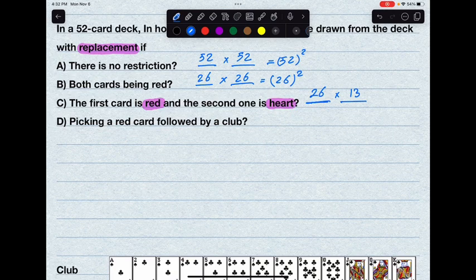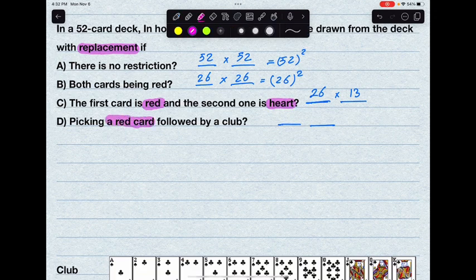So the next part is picking a red card followed by club. So now again we have two cards. The first one is pick a red.